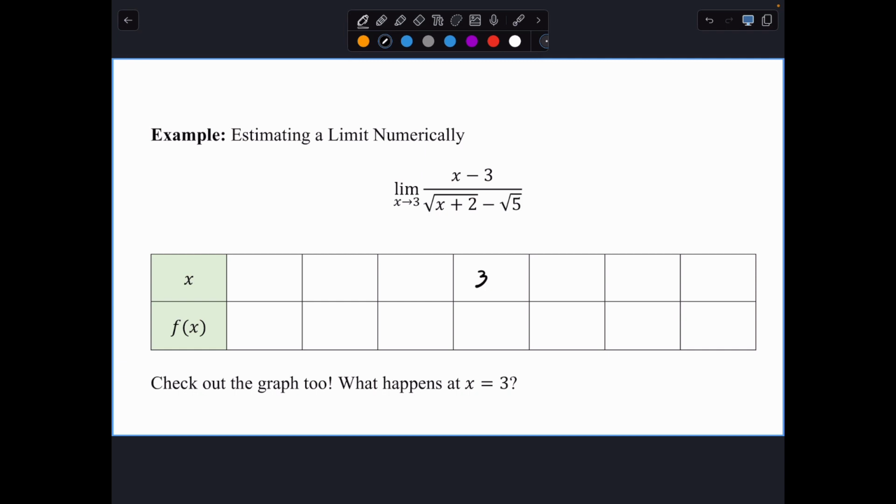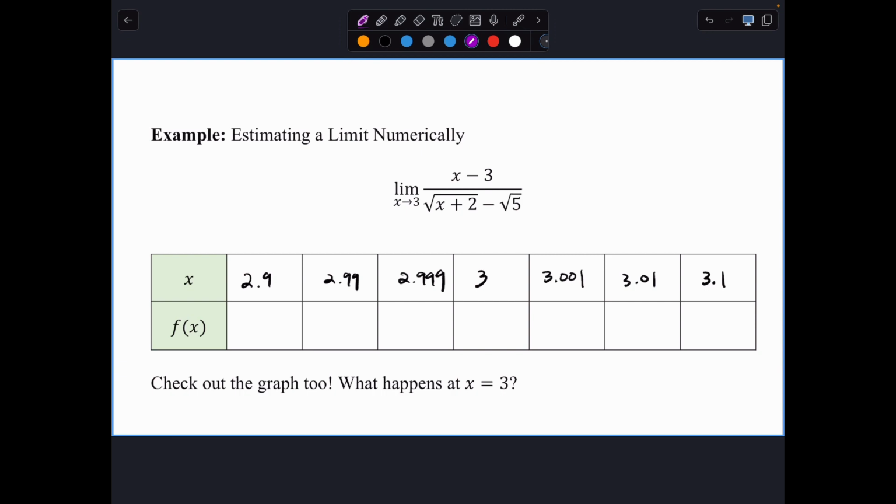I probably wouldn't want to use -1 and 0, or 0, 1, 2, 3, not close enough. So what I would do is 2.9, 2.99, 2.999, 3.001, 3.01, 3.1. And then typing these values into your table.